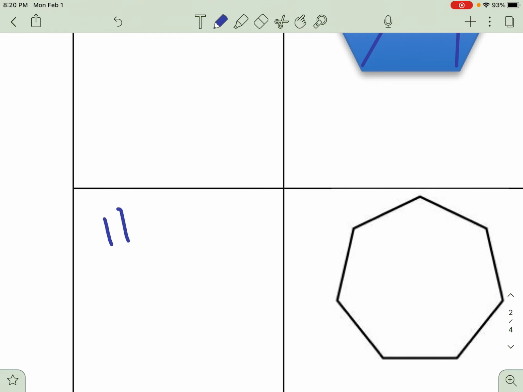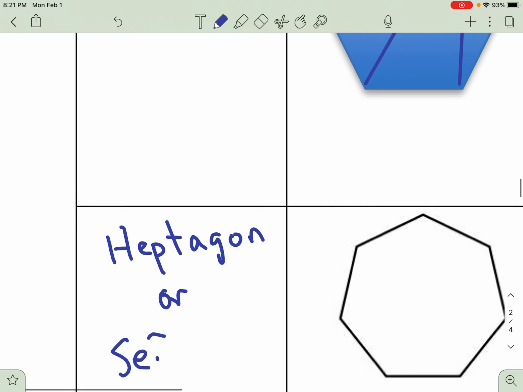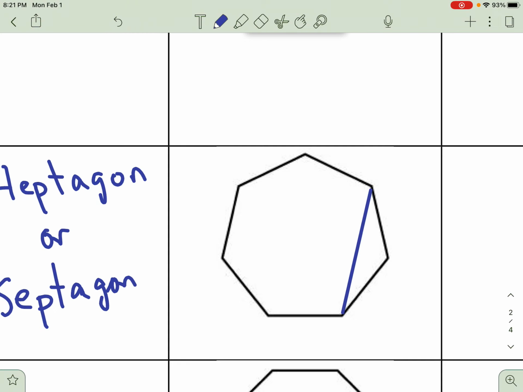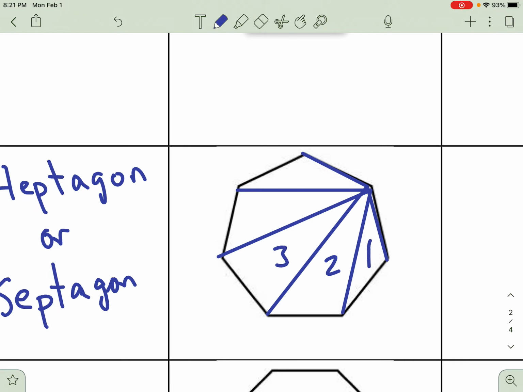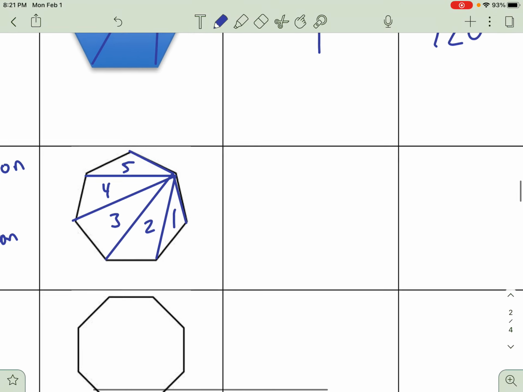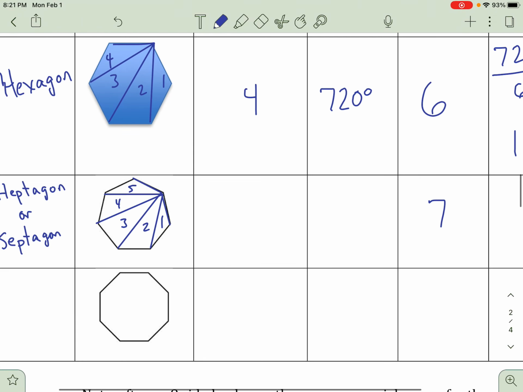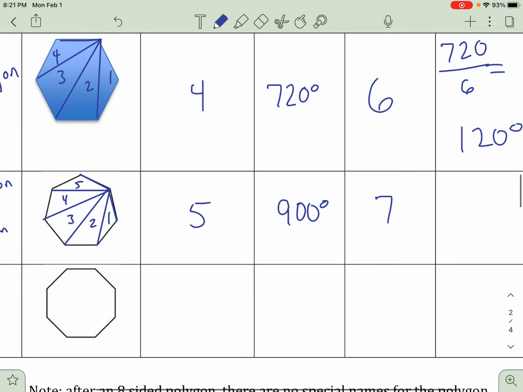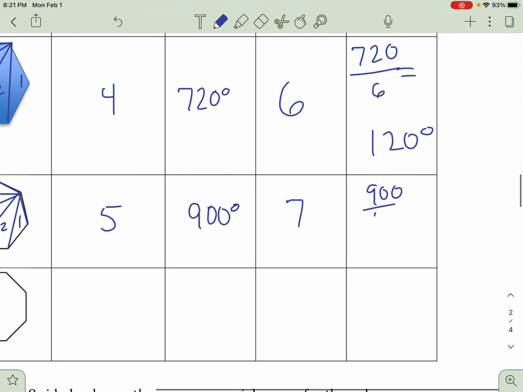This is called a heptagon or a septagon. 7 sides, and it makes up 1, 2, 3, 4, and 5 triangles. 5 times 180 is 900 degrees.